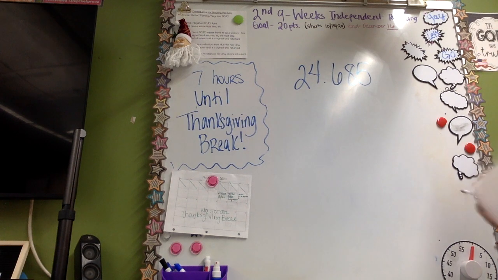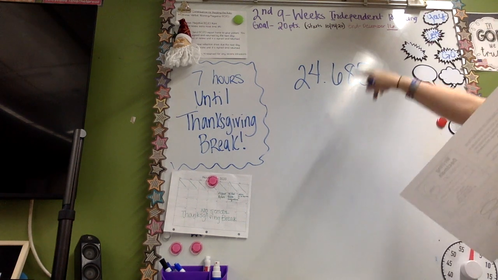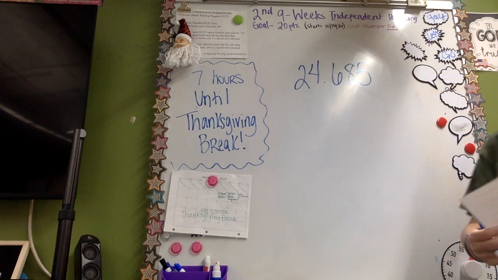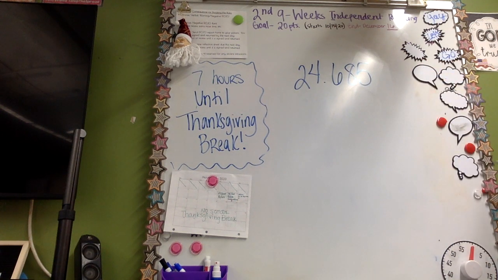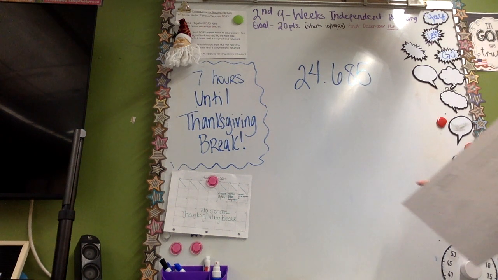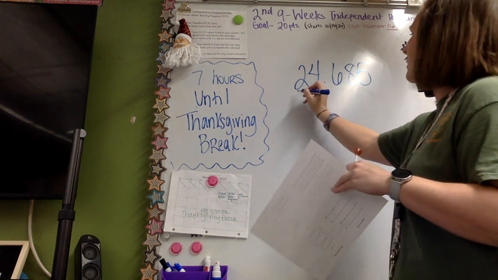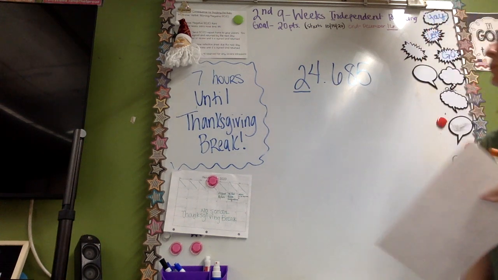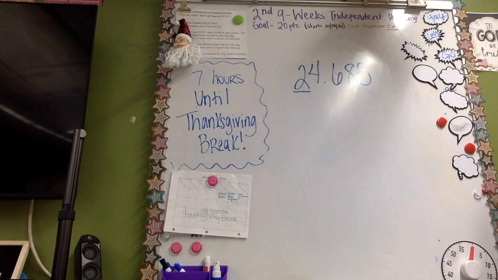All right, now to break it down, we break each individual piece down. Now I'm going to try not to lose you. When you do it in fraction form, we're going to start here with our 2. What place value is that 2? 10.